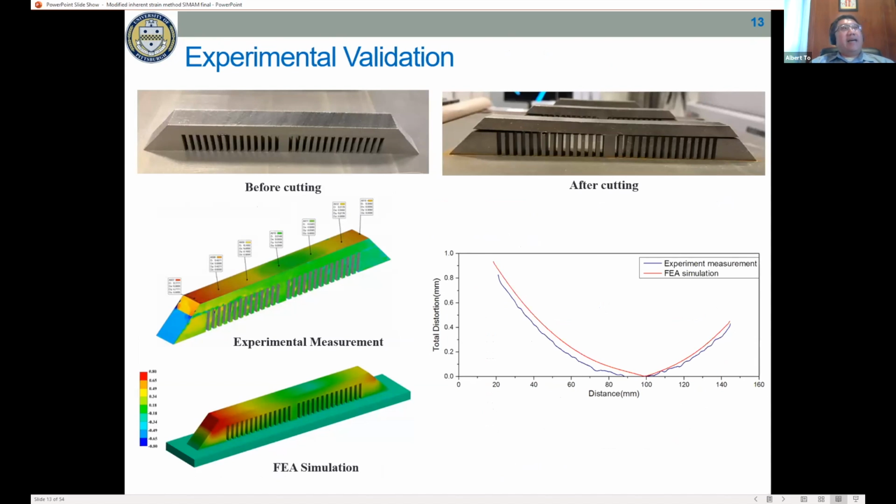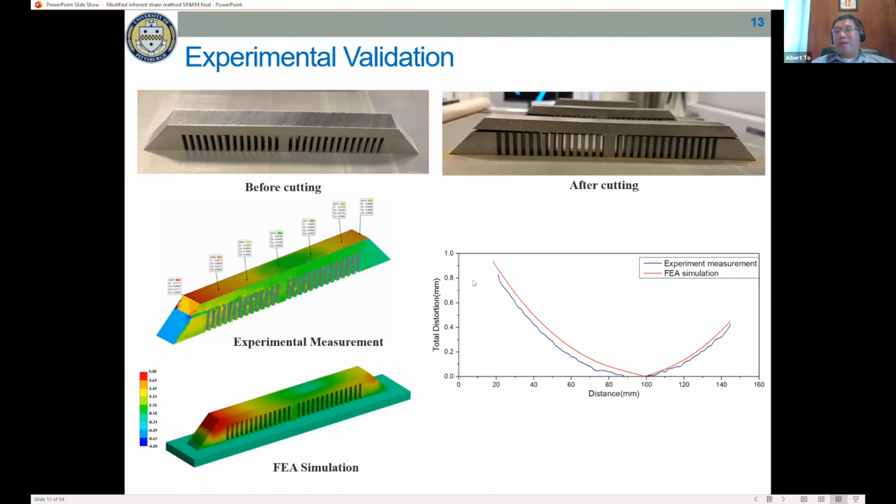We apply that to what has become a very popular benchmark problem in the additive manufacturing community. We apply it to this part and cut off both sides, and you see one side is actually higher after cutting, because some of the stress already gets released from the other side, so you get a non-symmetric displacement on the cantilever structure.